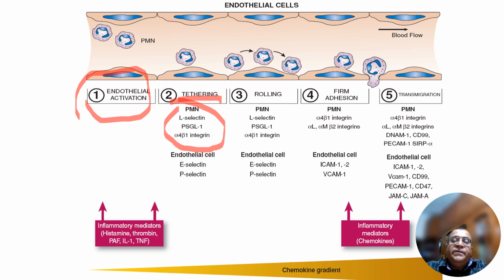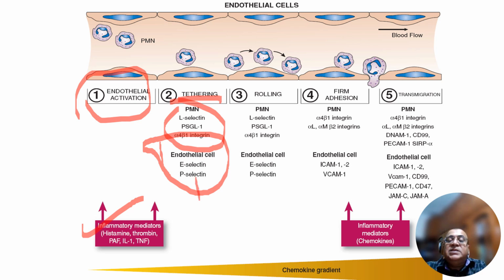It is influenced by TNF, interleukin-1, platelet activating factor, histamine, and thrombin. The molecules that are expressed on the endothelial cells are E-selectin and P-selectin.